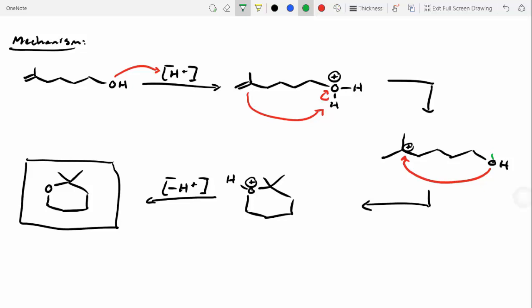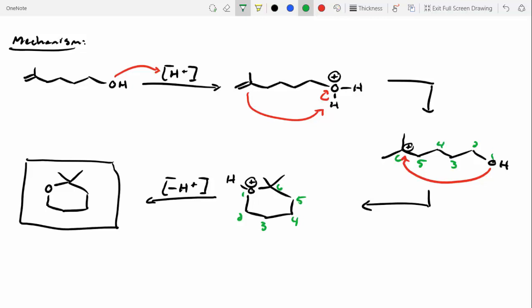So here we've got 1, 2, 3, 4, 5, 6. That means we're going to form a 6-membered ring. And you can go through and say 1, 2, 3, 4, 5, 6. And in that 6th position, we have 2 methyl groups coming off. So if you are having trouble keeping track of things, it's always a good idea to number them.